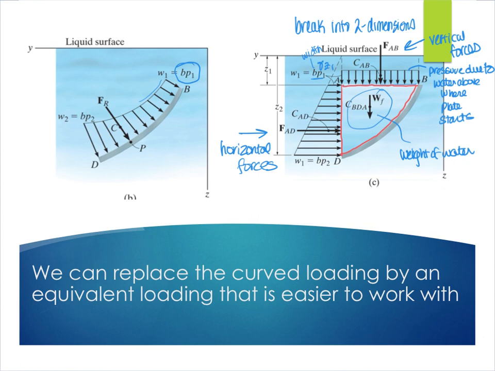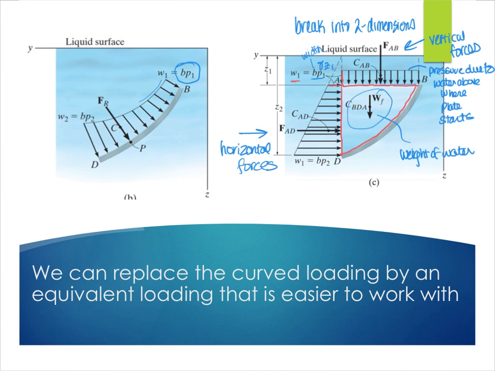And then finally, the horizontal force, this is where we're dealing with the fact that the pressure increases with the depth. So at the top of the water right here, notice that the height of the distributed load right here is actually the same as it was right here because you're at the same depth.